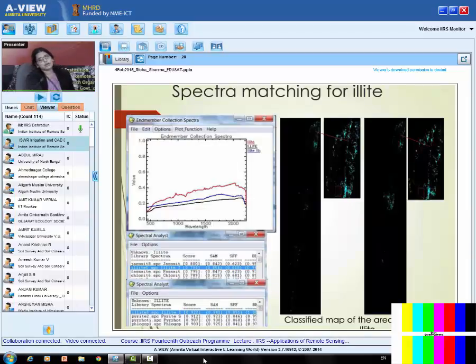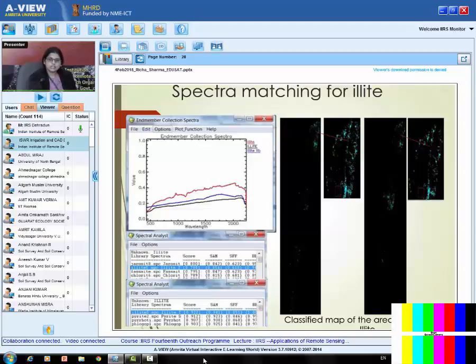Whatever spectra we have generated from the image, we have matched with the ideal spectral library. There are 3-4 types of library available in ENVI: the USGS spectral library, the JPL library and the JHU library.